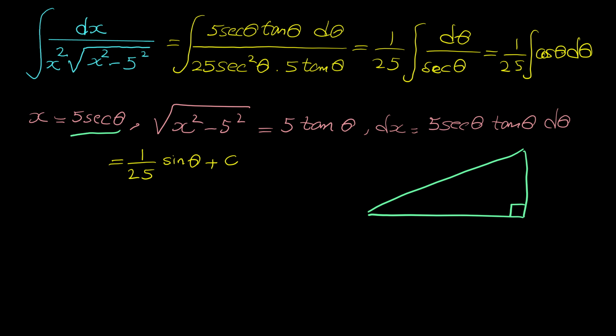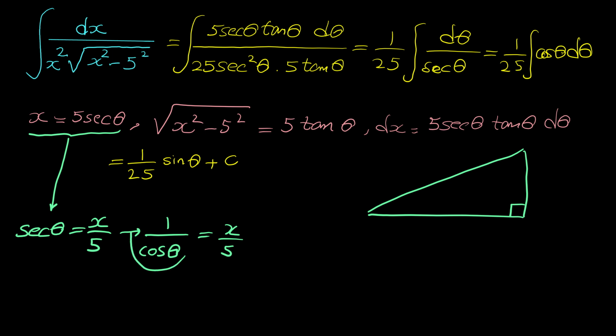Based on this relation, what is secant theta? Secant theta equals x over 5. But we know that secant is 1 over cosine. So 1 over cosine theta is x over 5.